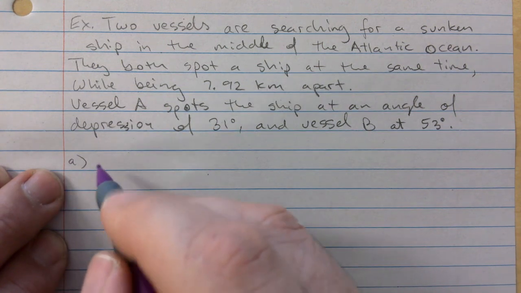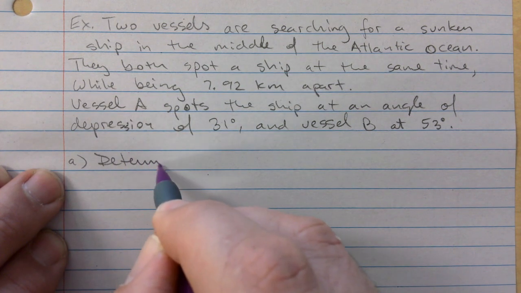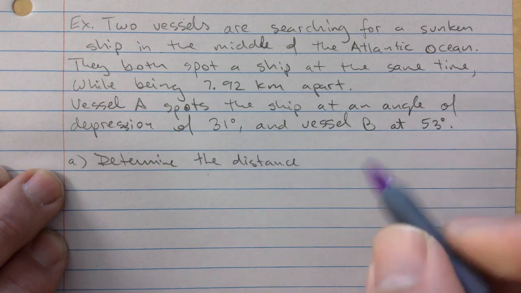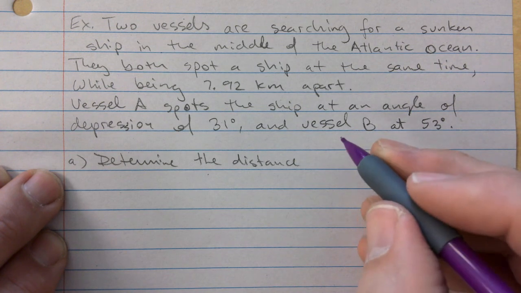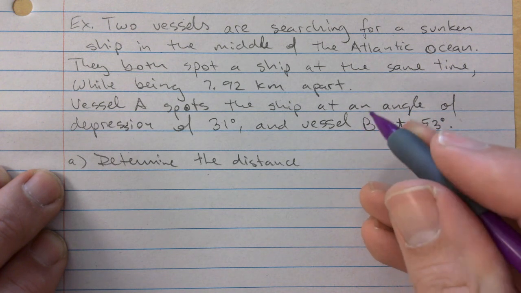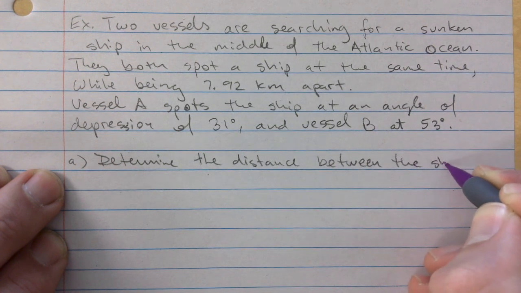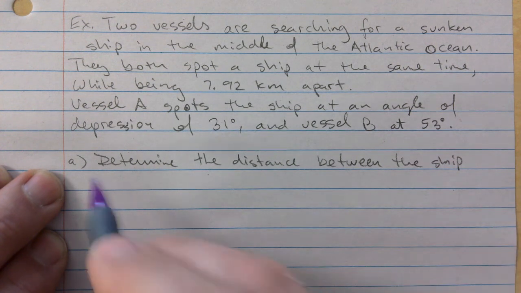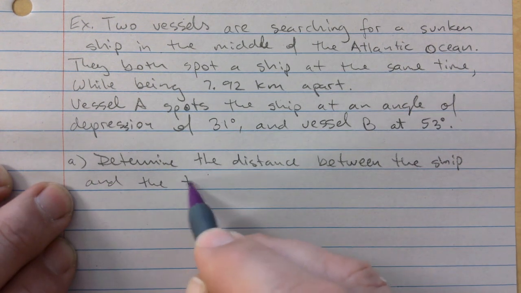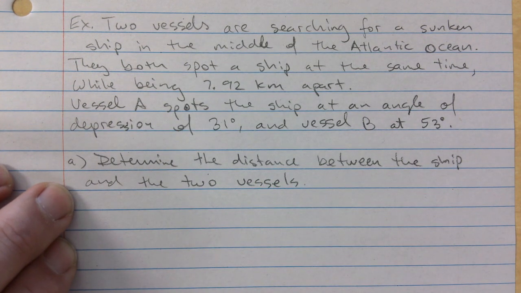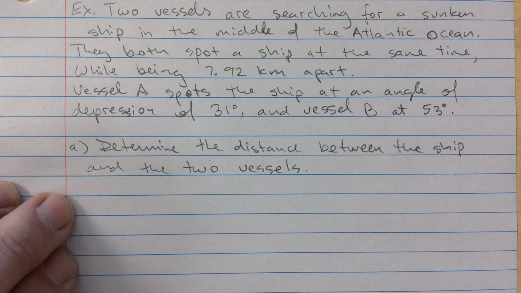Determine the distance between the ship, that's the sunken ship, and the two vessels. Vessels are also ships, but they're just used vessels to distinguish. Okay. Calculate the depth of the ship.